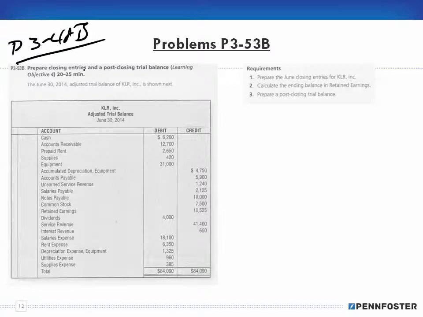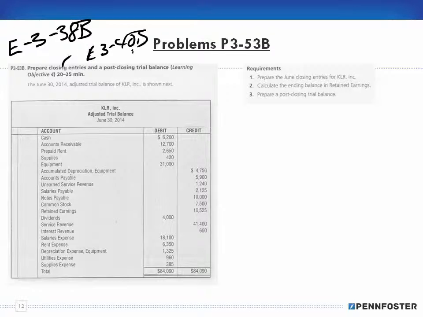Exercise 3-38B is preparing closing entries, and exercise 3-40B is making a post-closing trial balance.